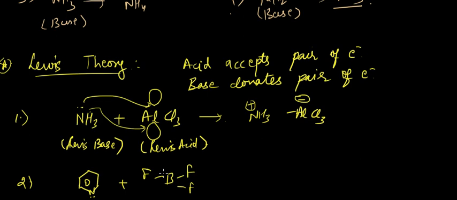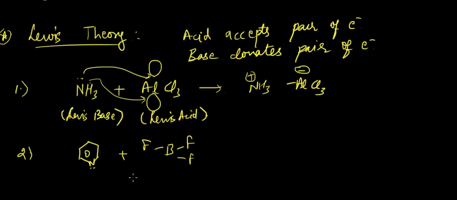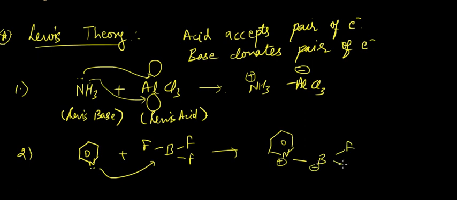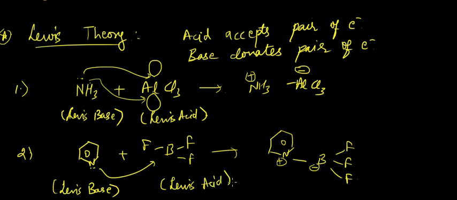So as it has one empty p orbital, nitrogen will donate its lone pair to that, resulting in formation of compound something like this. Okay, so in this case this would be Lewis base and this would be Lewis acid.